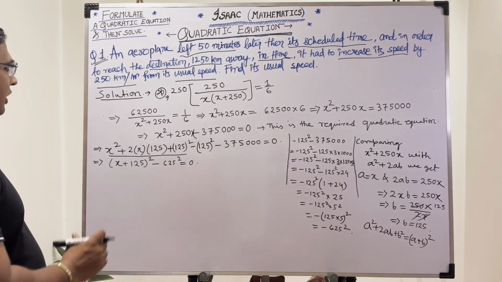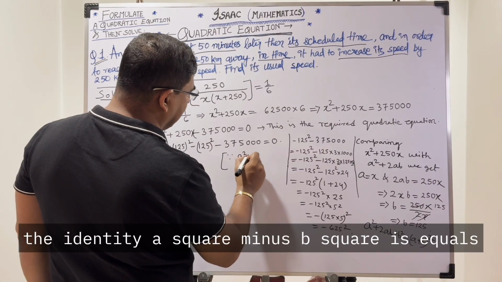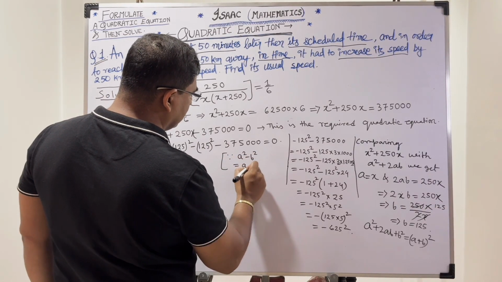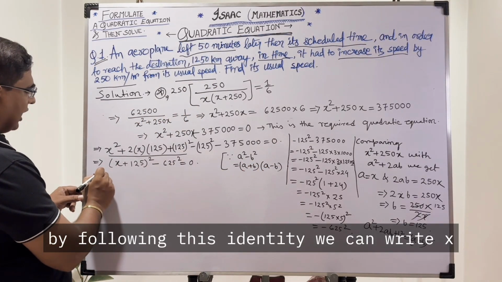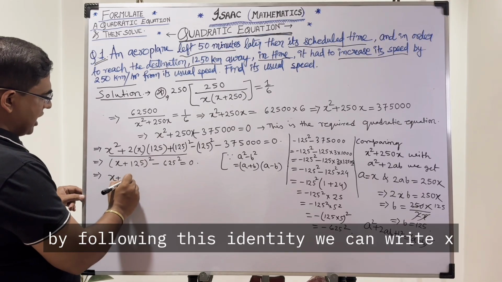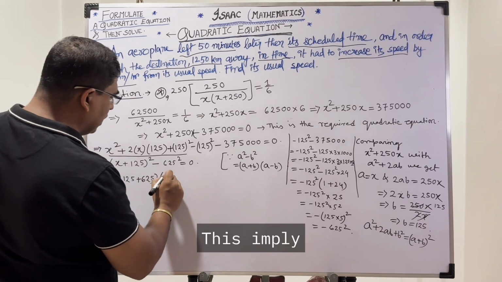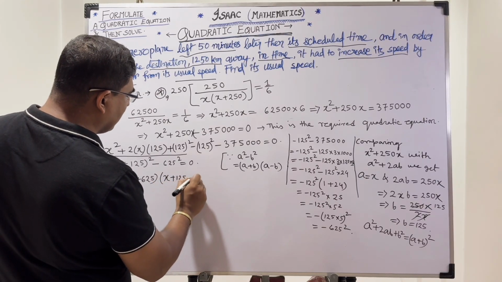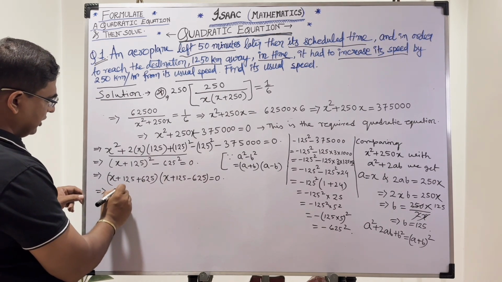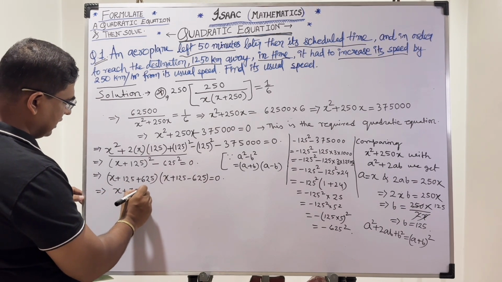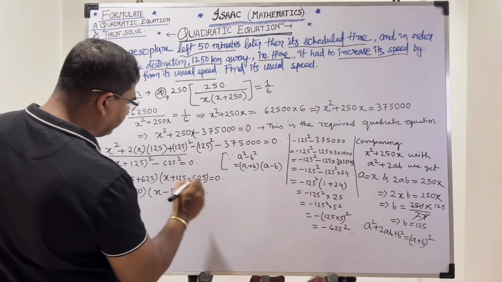Okay. Now these are like a square minus b square. Already we know the identity a square minus b square equals a plus b into a minus b. By following this identity, we can write x plus 125 plus 625, this whole, into x plus 125 minus 625 equals 0. This implies x plus 750 into x minus 500 equals 0.